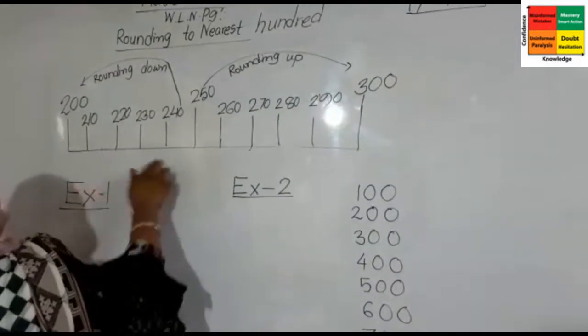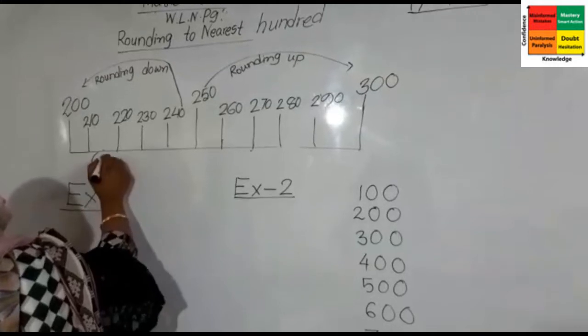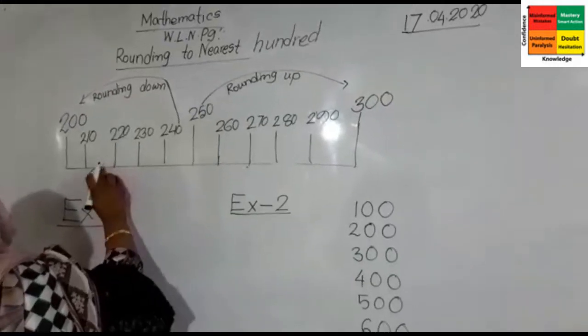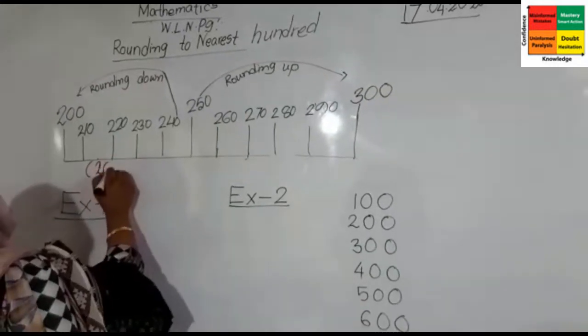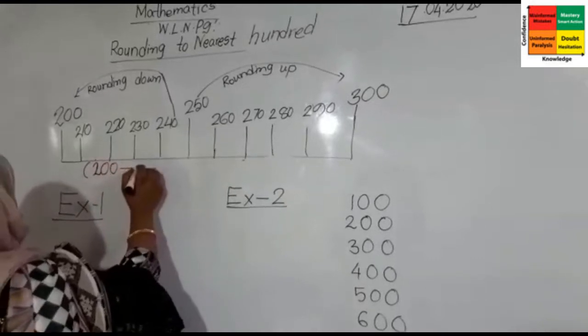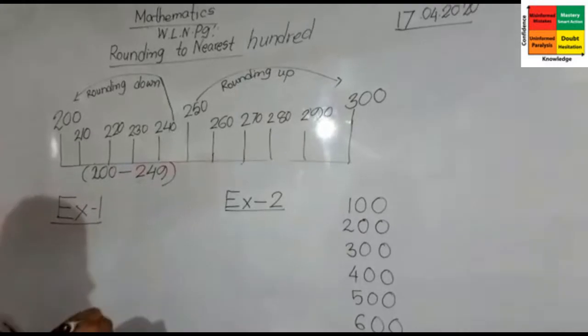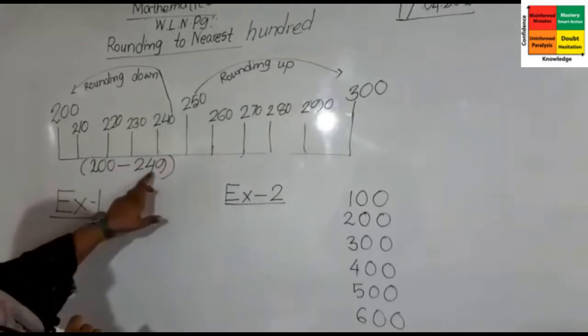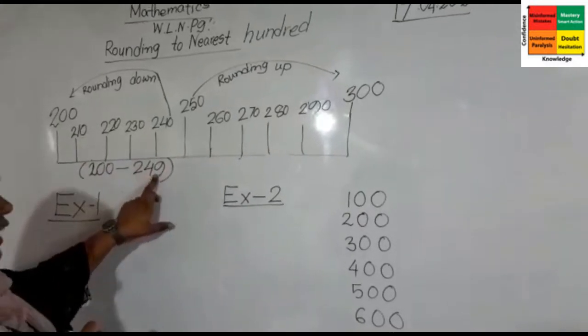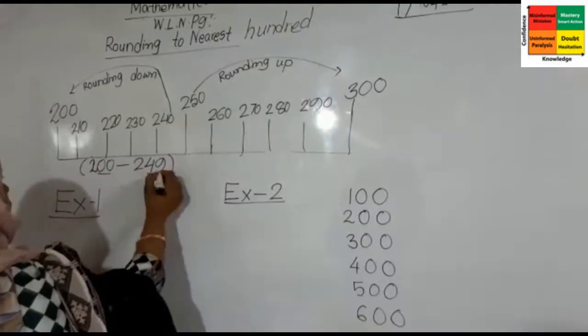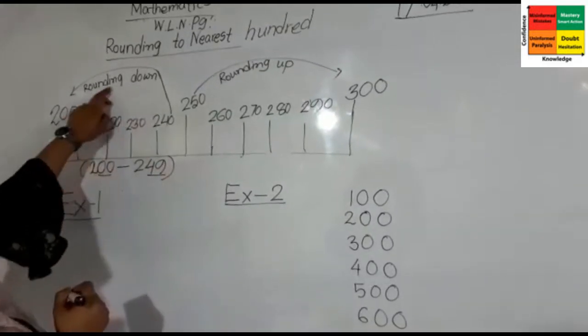All the numbers that come from 200 to 249, the numbers within 0 to 49, will be rounding down.